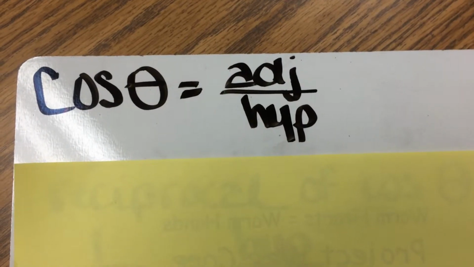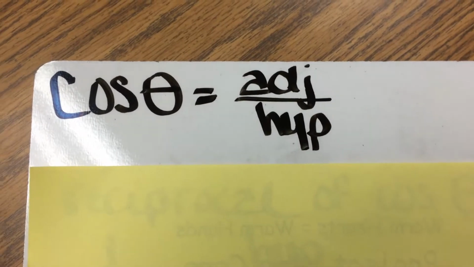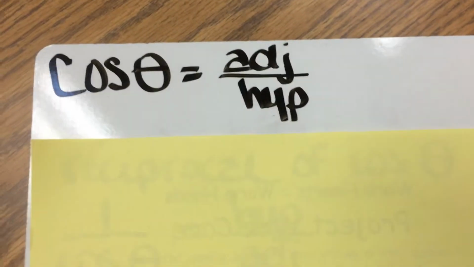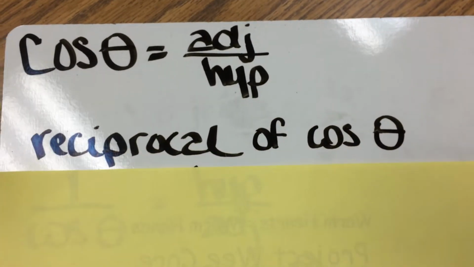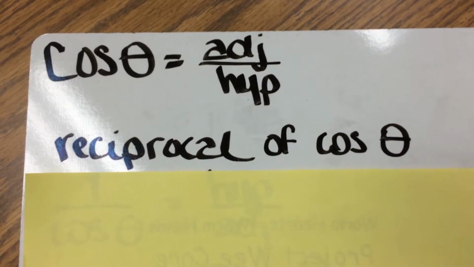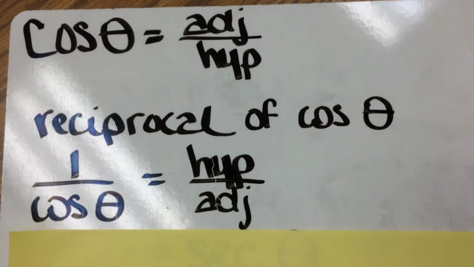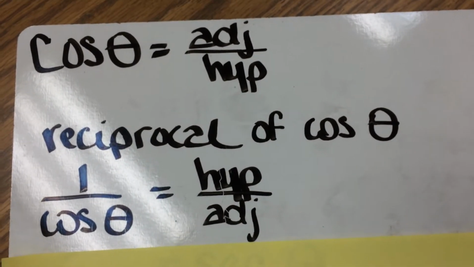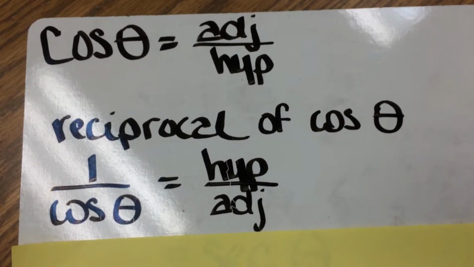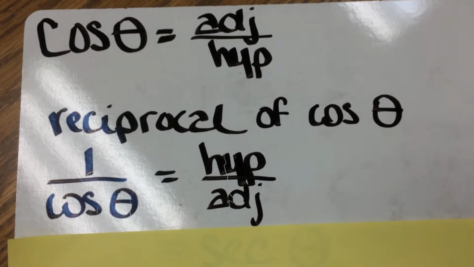Moving ahead with cosine theta, we know cosine is SOHCAHTOA, so that would be adjacent over hypotenuse. Again, I'm going to manipulate this, and I'm just going to take the reciprocal of cosine. So reciprocal is flip it, so flip cosine to 1 over cosine theta, and then I will flip the fraction that it is equal to as well, so that turns into hypotenuse over adjacent.